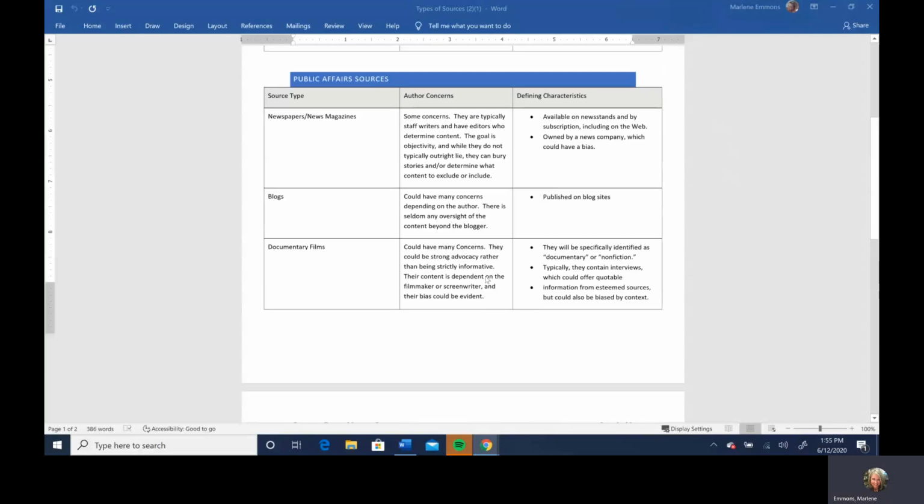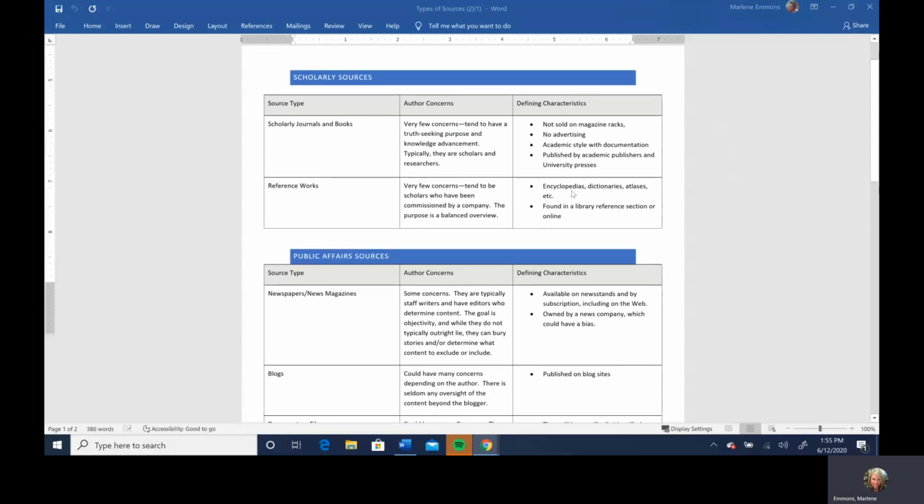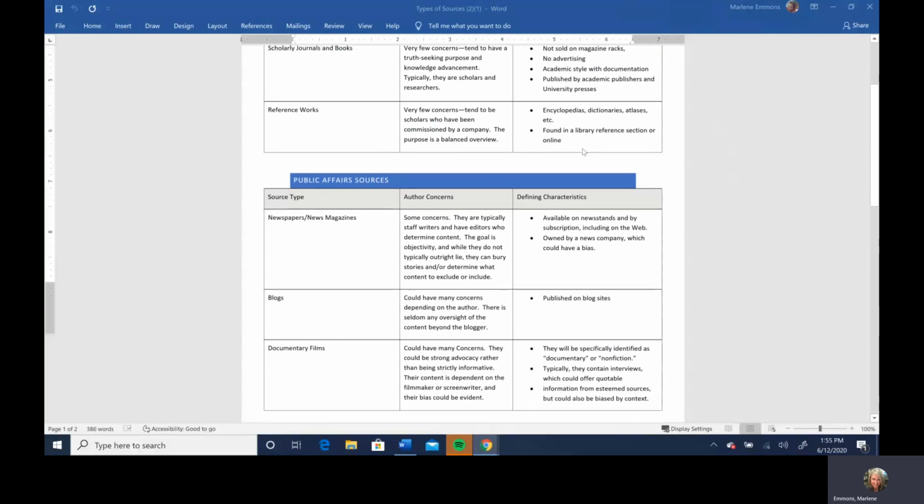So in short, you have different types of sources that you're going to run into. The upper crust is going to be the scholarly source, the academic journal, or the university press book. They have already done vetting for you, and they can be recognized by having a very academic style and this truth-seeking goal.